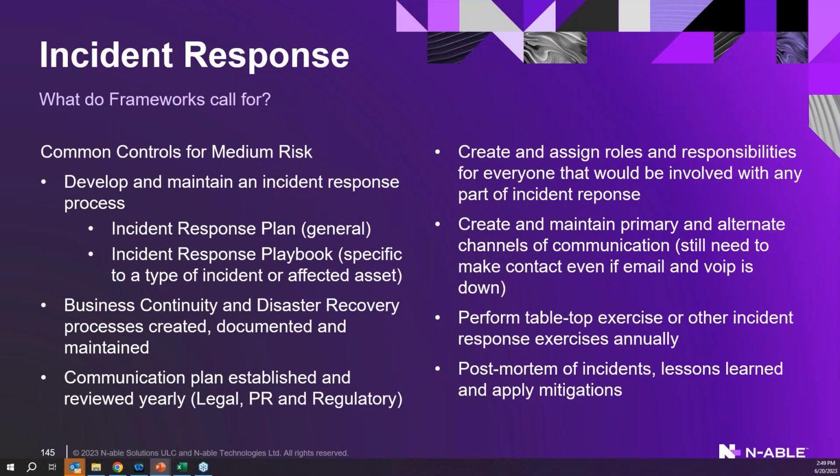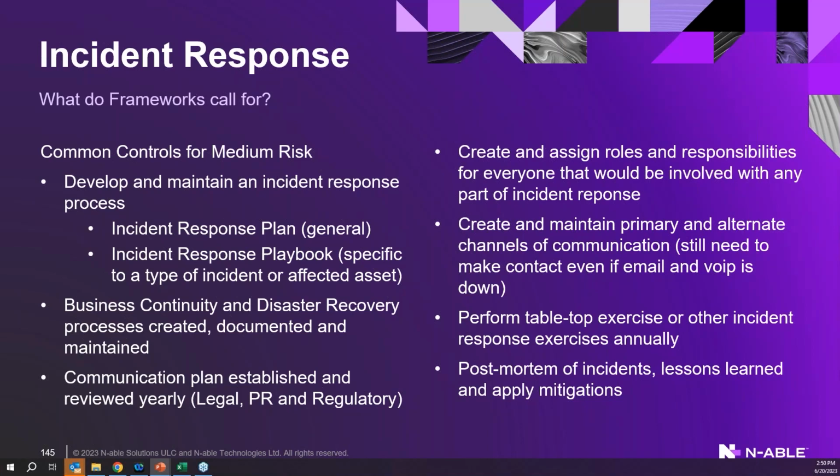So you'll probably wind up with one incident response plan and then a different incident response playbook for a ransomware attack, for a business email compromise scenario, for an email server winding up on a spam blacklist. All of those things are going to wind up with different incident playbooks.